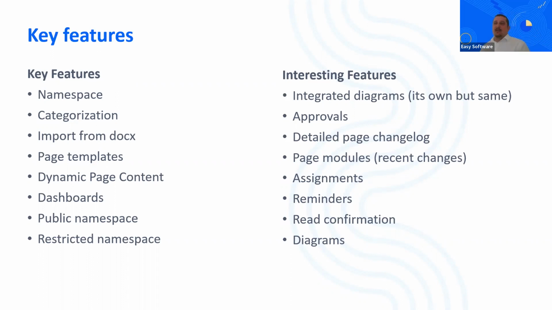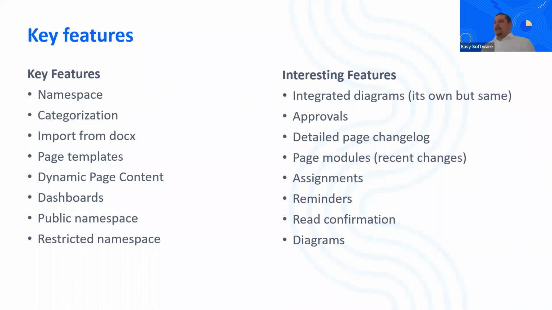At the same time, you can choose to have a certain type of documents in a dedicated namespace where you can apply some other features, and also maybe you apply some restricted access to this namespace.